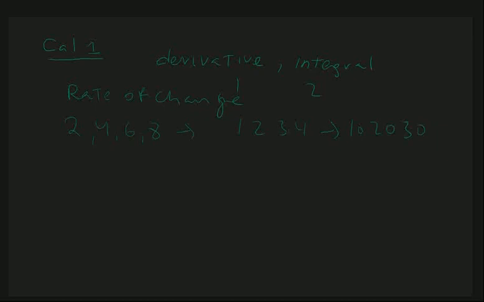And then these have a direction, right? 2, 4, they have a direction. So when they are constant, like position of time, it's the rate of change. We say rate of change.